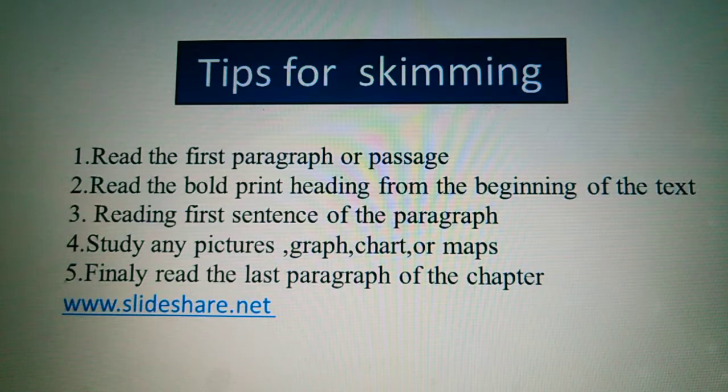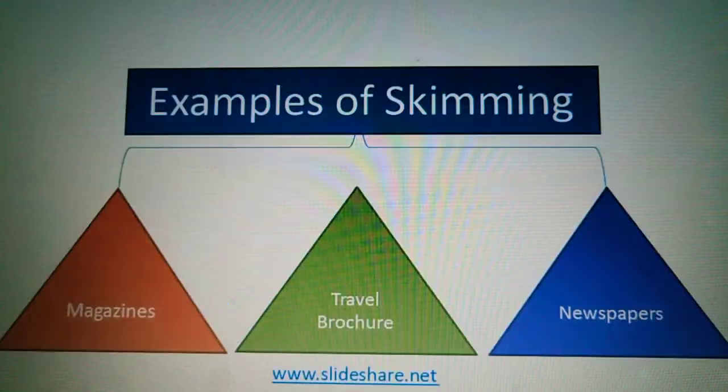Finally, read the last paragraph of the chapter. Normally the main idea will stand in different places, but at least it stands at the beginning, in the middle, or at the end of the paragraphs. So go there directly, and then we can read in order to observe the main idea from the text.